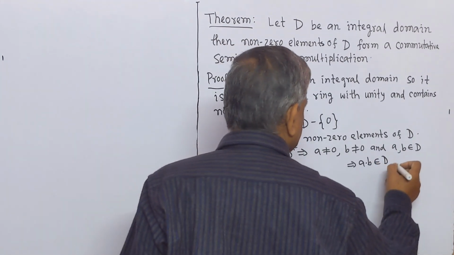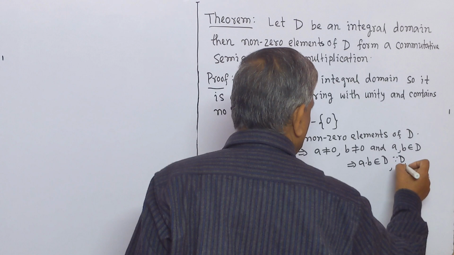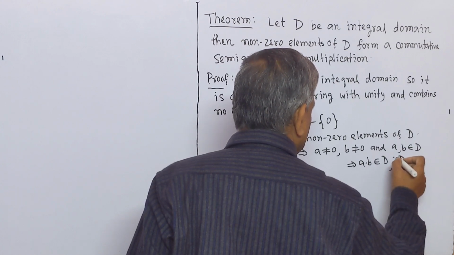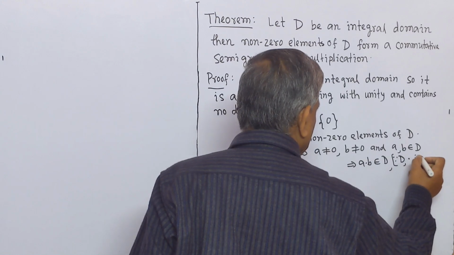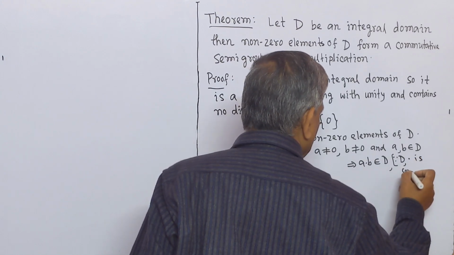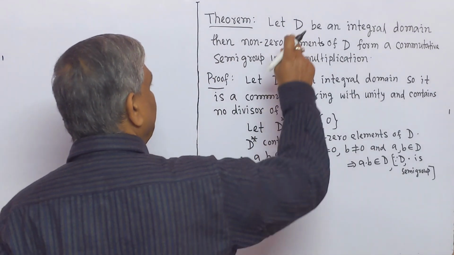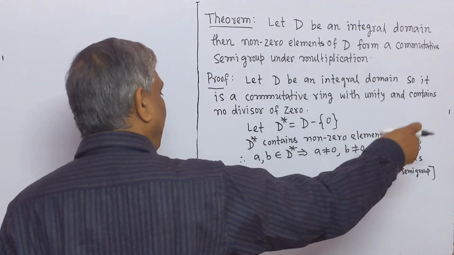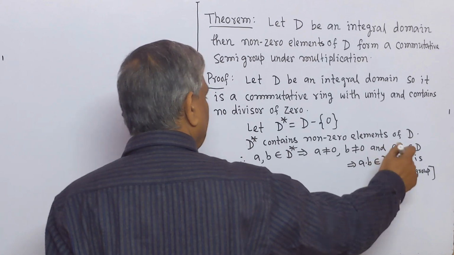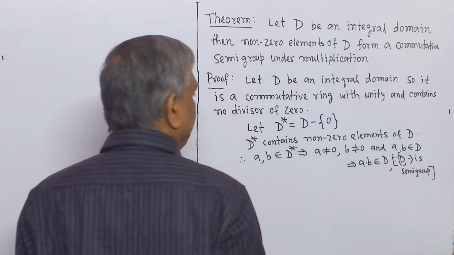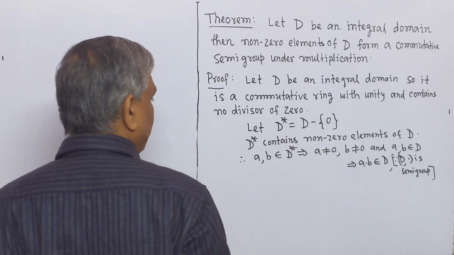Since D with binary composition multiplication is a semigroup, because D is an integral domain, so D is a ring and each ring is a semigroup with binary composition multiplication.